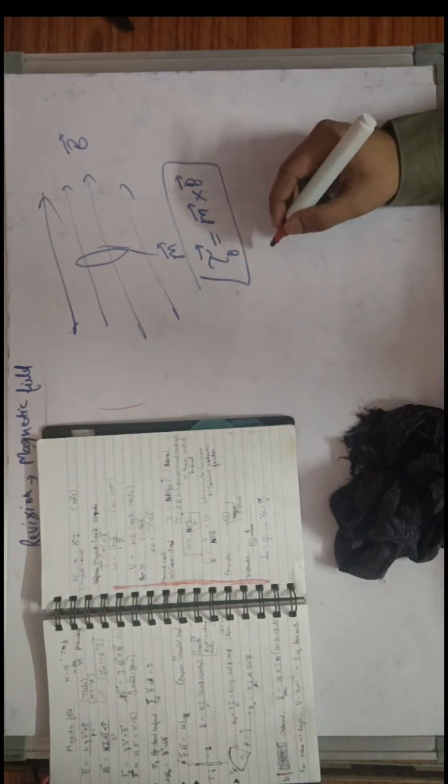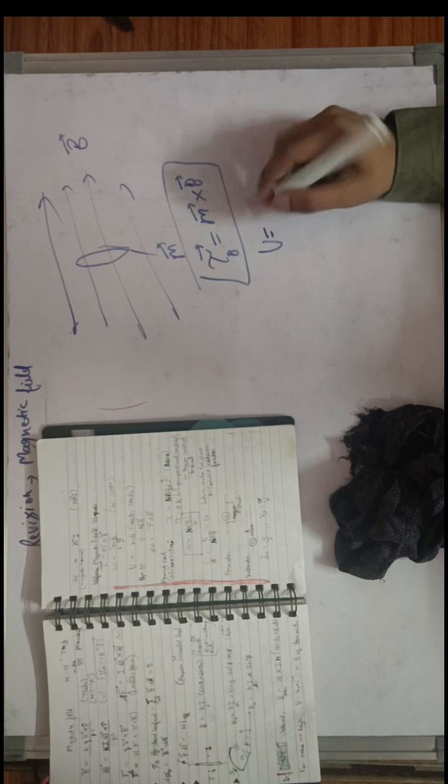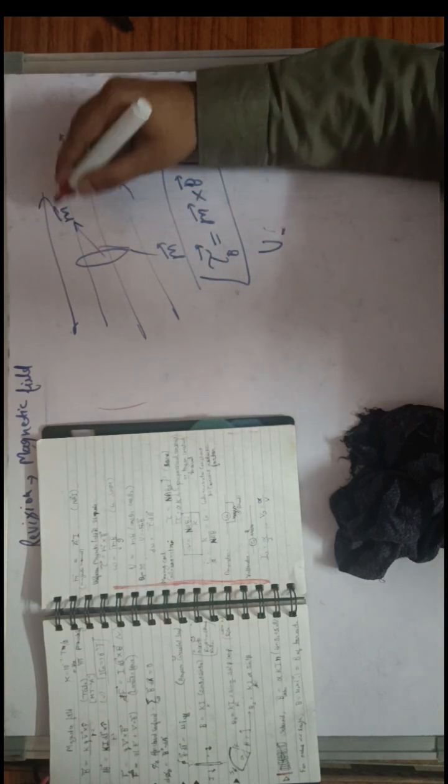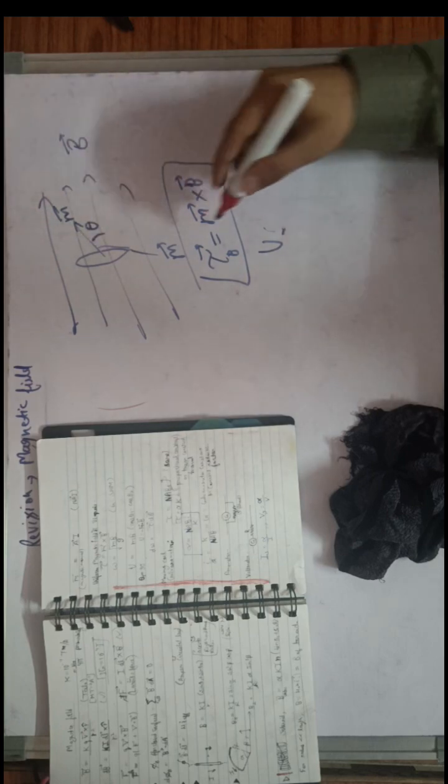is given as U at any angle theta, where theta is the angle between this M vector and this B vector.